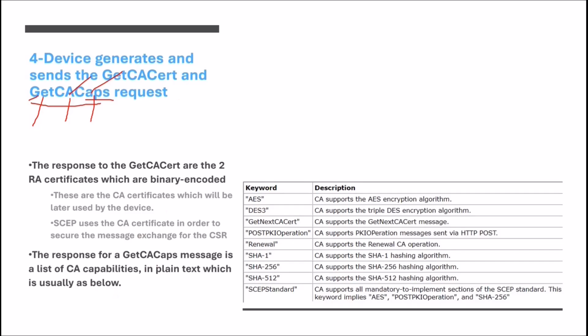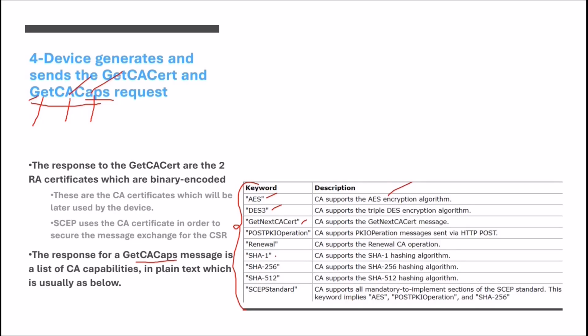The response to the get CA caps is something like this. The device gets a response like this, wherein each of the keywords corresponds to the relevant description. If the CA responds with AES, it means that the CA can issue certificates with the AES encryption algorithm.